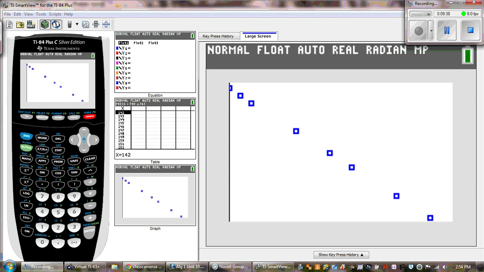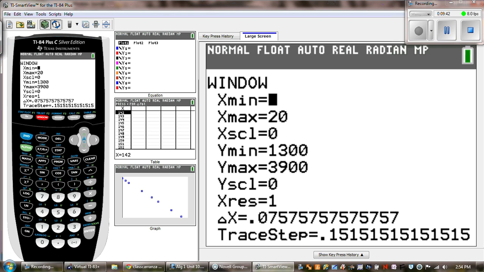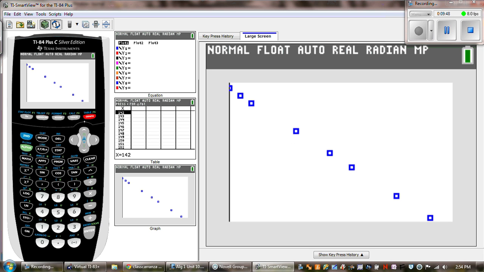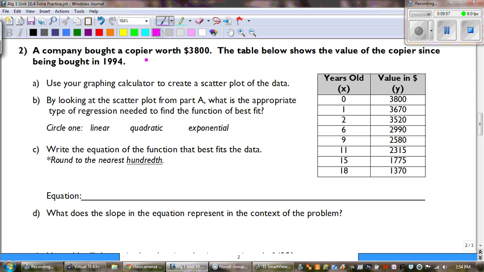Okay, so there's my graph. If you're curious about what my window was set on, there's all of that information. Okay, so what is it? Linear, quadratic, or exponential? Yeah, you guys should be saying linear right now. So write the equation and we have to round to the nearest hundredth.